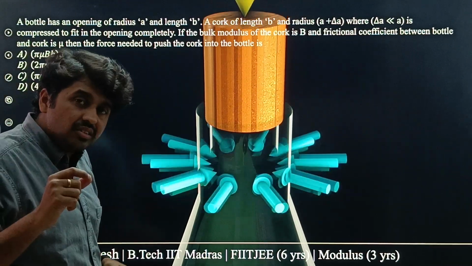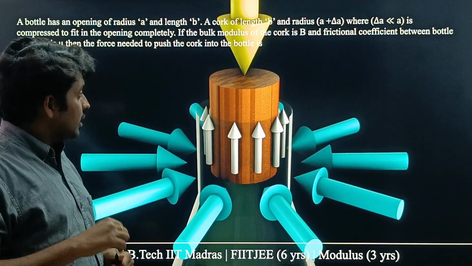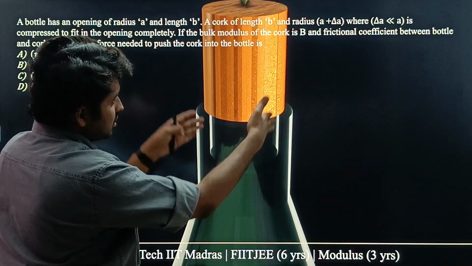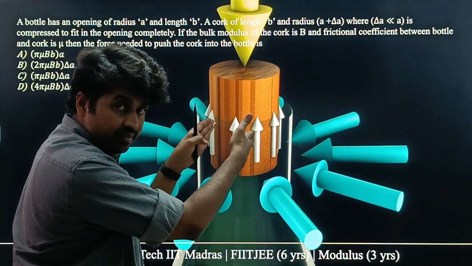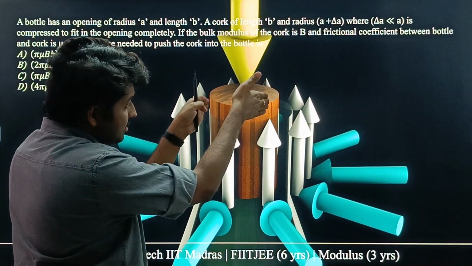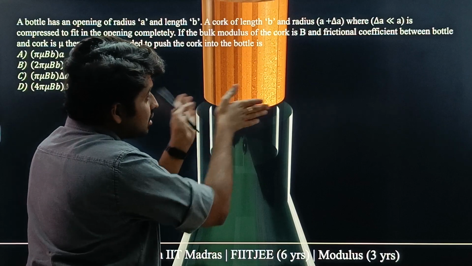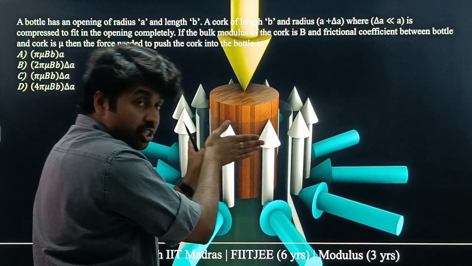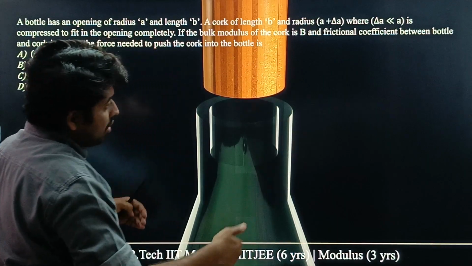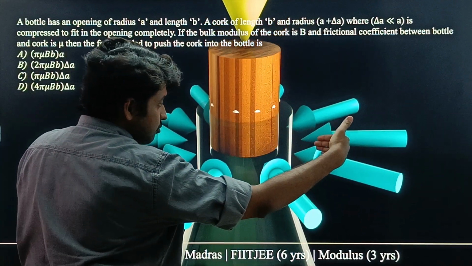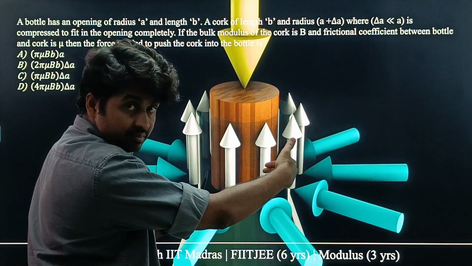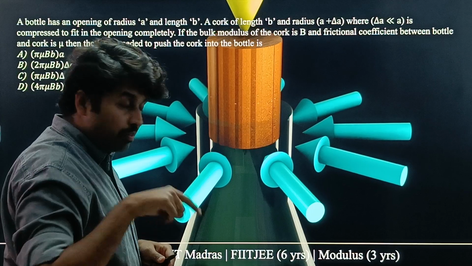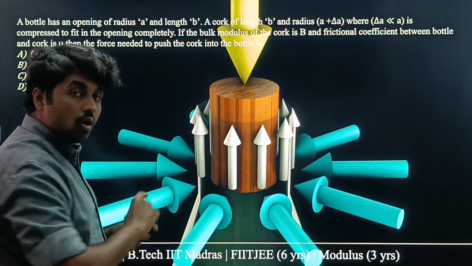So let us analyze what is going on here. See, as you are pushing it, the volume of this cork is decreasing. Because its volume is decreasing like this, there are restoring forces inside the cork in this direction, which is pushing the bottle. So the bottle applies a normal pushing force in this direction. The blue arrows that you see here are the normal force applied by bottle on the cork.